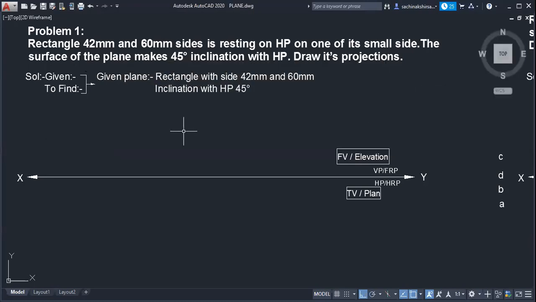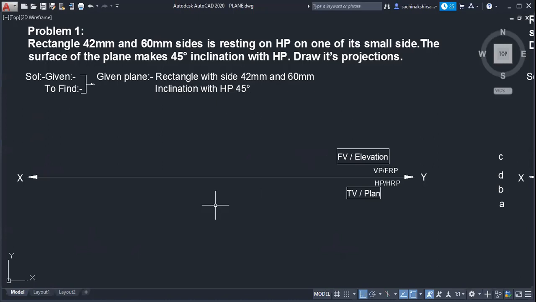Now, a very, very important thing. Initially you have to assume where the plane is given, either on HP or on VP, because by observing that statement only you are going to draw its true shape. Every problem is going to start with true shape.